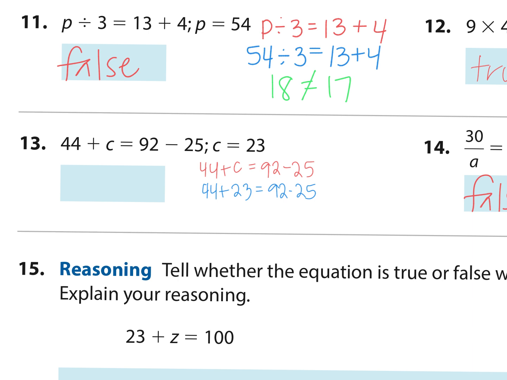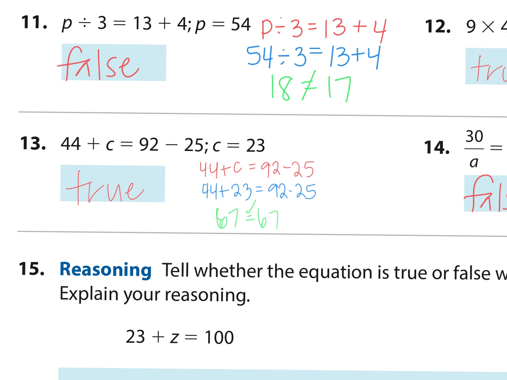What's that equal? 67. And what's 92 minus 25? 67. Do y'all agree? Yes. So this one is true. So please don't just write true or false. You should also be checking to make sure that you have all of these steps correct too.